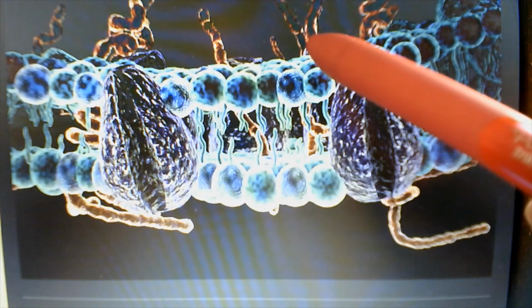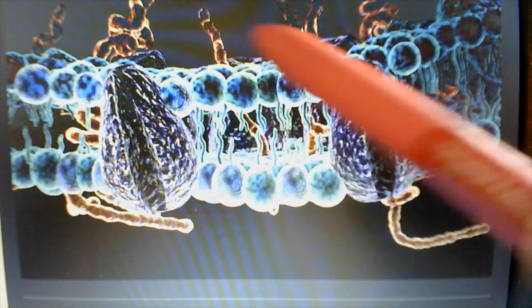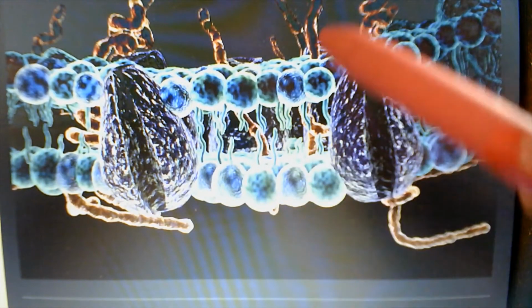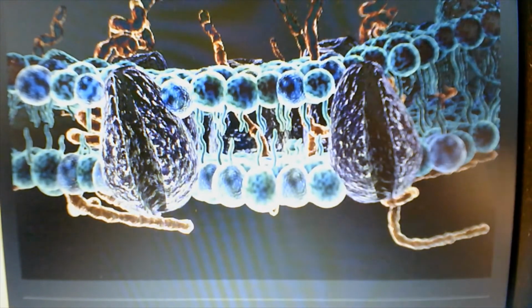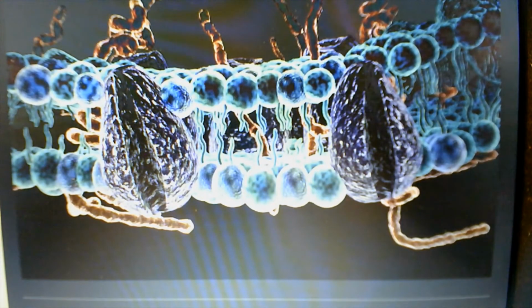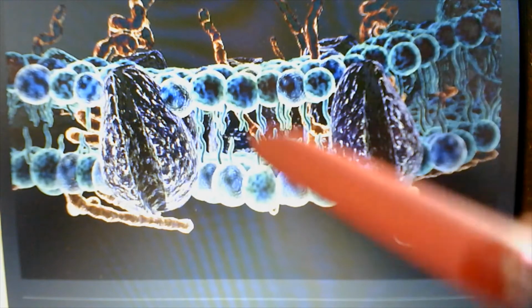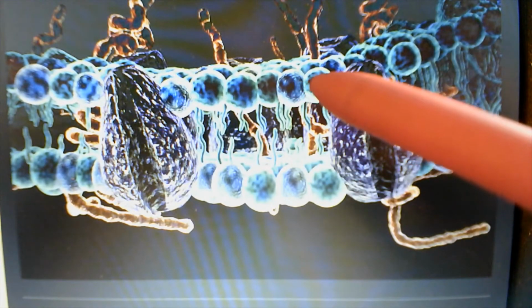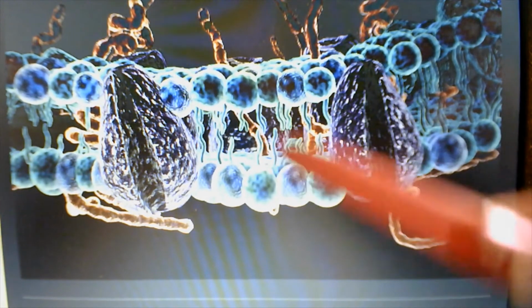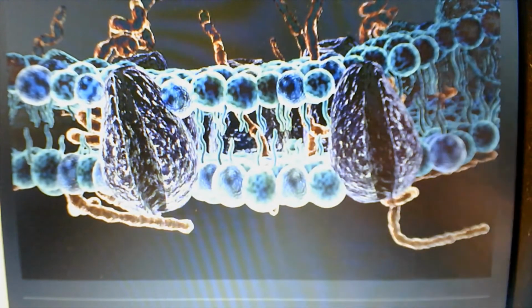You also have some carbohydrates that communicate with things around the cell. So you have some types of carbohydrates sticking out there too, but these are proteins. And so most of the cell membrane is made up of these phospholipids in a bilayer and these proteins.